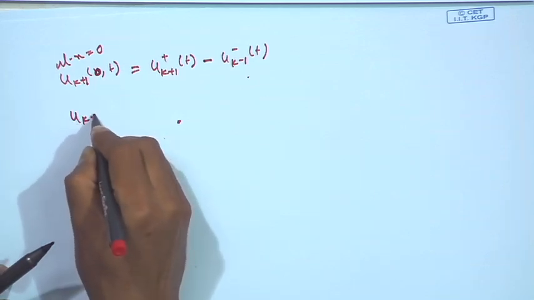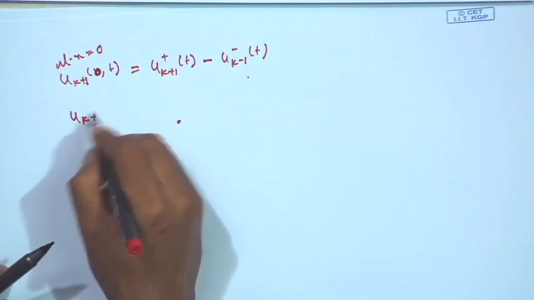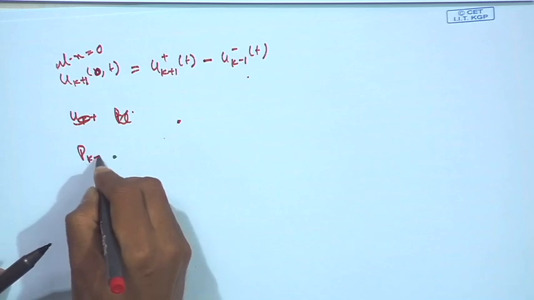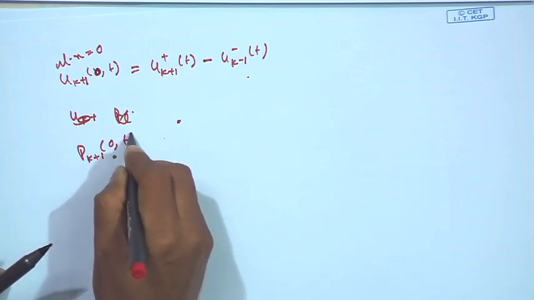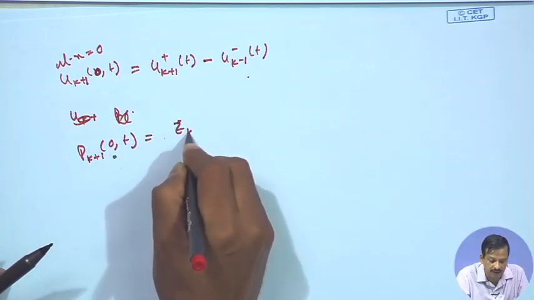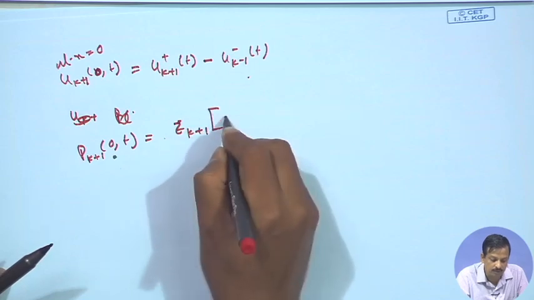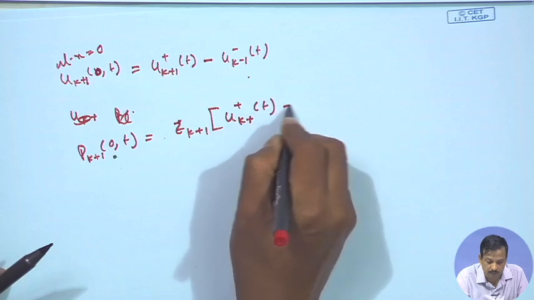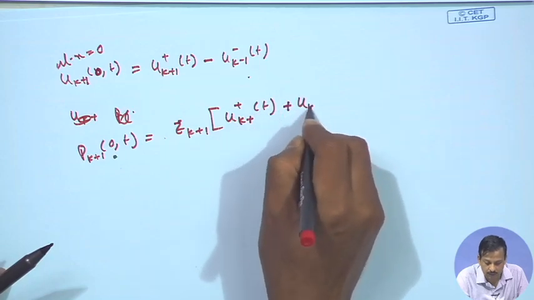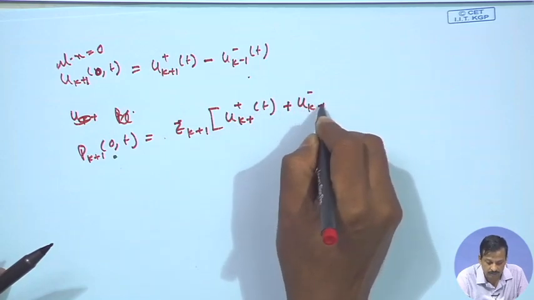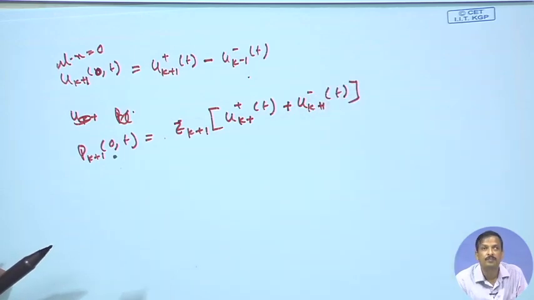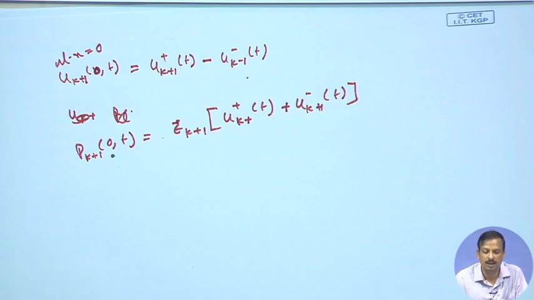Or I can say the pressure wave P_{k+1}(0, t) is nothing but Z_{k+1} times u_{k+1}^+(t) plus u_{k+1}^-(t), at x equal to 0 at the (k+1)th tube.